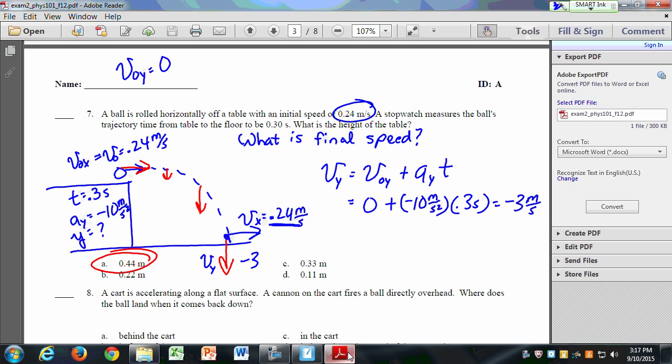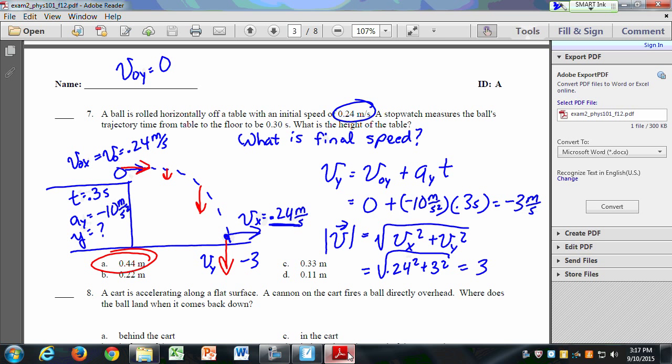And then if I want to find the actual speed, it would be the square root of Vx squared plus Vy squared, which is going to be 0.24 squared plus 3 squared. The 0.24 doesn't really contribute much, so it's just going to be about 3 meters per second. A little more than 3 meters per second.